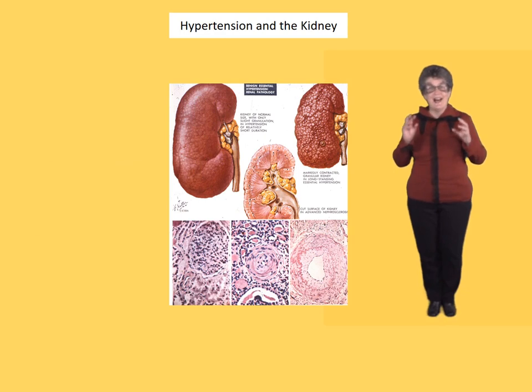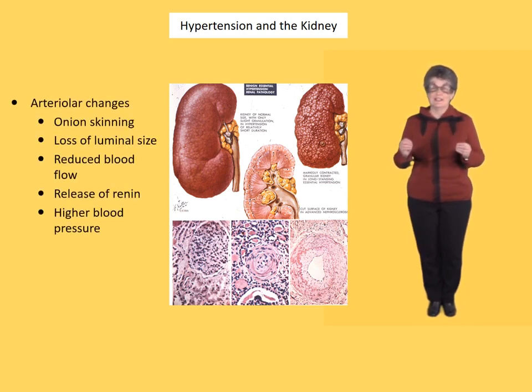You'll have noticed hypertension coming up quite a lot in this discussion of kidney disease. So what does hypertension do to the kidney? Mainly it affects the arterioles, these little blood vessels that come off the larger arteries and give most of the blood flow to this highly vascular and active organ.